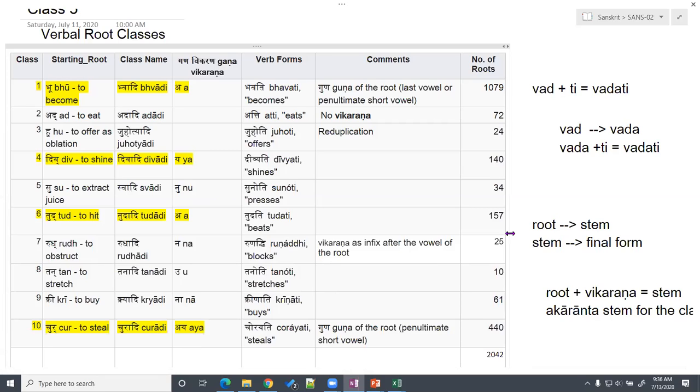So how to make the stem? It says guna of the root. What does guna of the root mean?